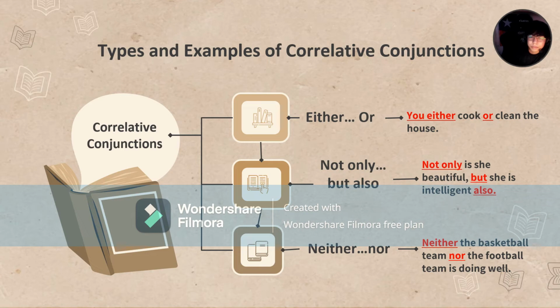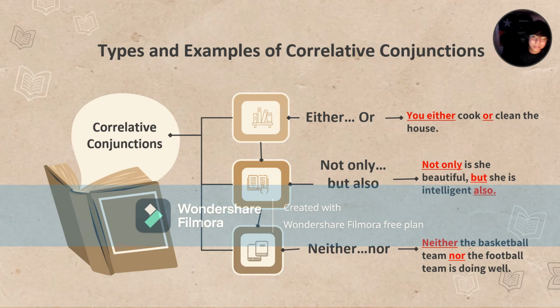Okay, listed here we can see the examples for the correlative conjunctions, which are either/or, not only/but also, and neither/nor, and the sentence example for each of those. So, you either cook or clean the house is the sentence example for the first correlative conjunction.